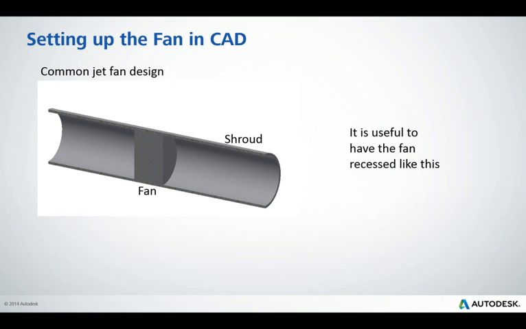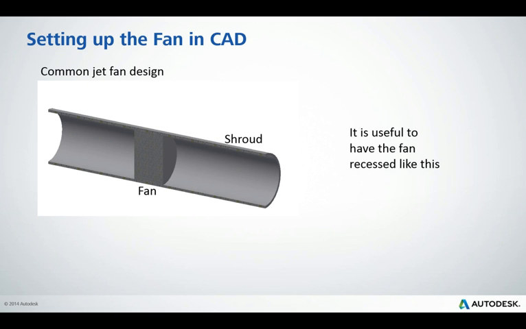Okay, so once we set up our boundary conditions, we need to set up our materials, and I just want to talk a little bit about CAD as well before we do this. There's a couple of things relating to the fan setup. There's kind of two general approaches and also the fire. So with the fans, generally we have jet fans. They're quite large fans, able to move high volumes of air very quickly.